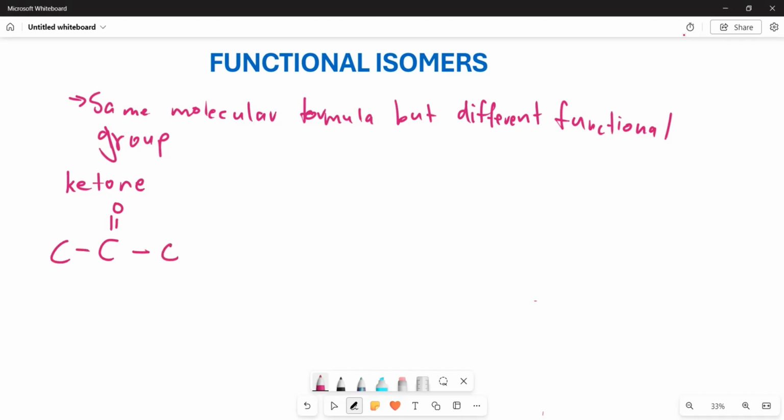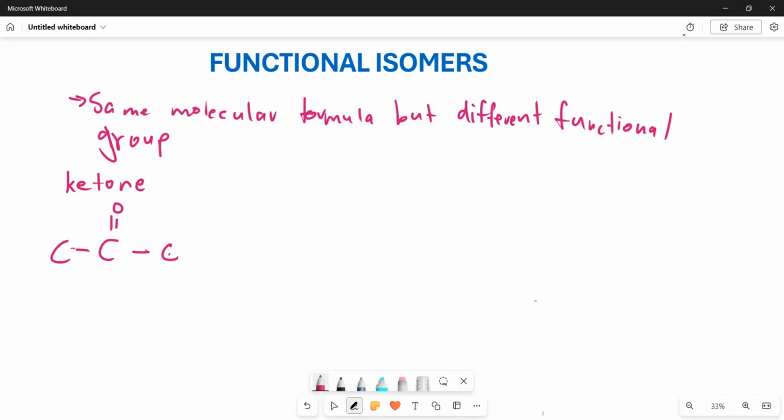So the carbon that is bonded with an oxygen must always be bonded with two other carbons on the sides. But what happens if you move this double bonded oxygen to the side, or to the tip?